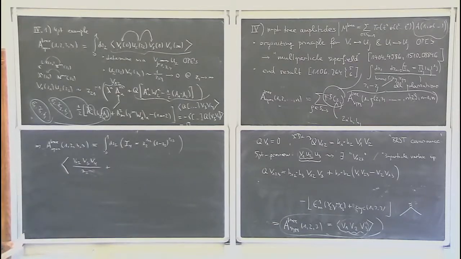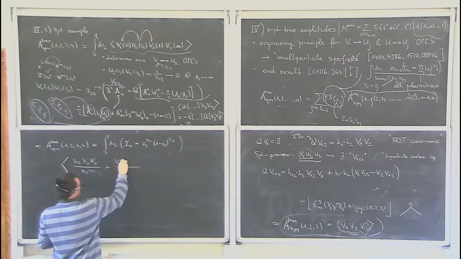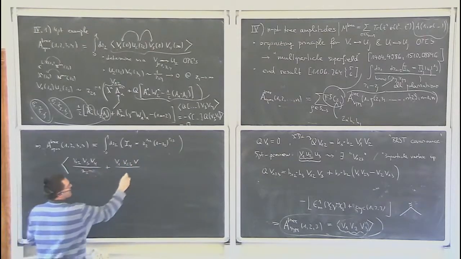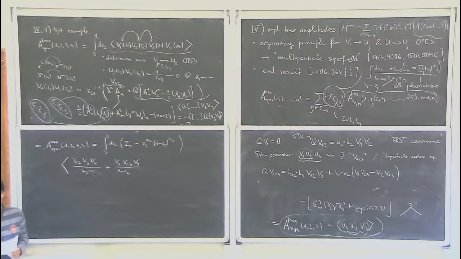Good. Now, as you see from the two arrows above, you also need to look at the OPE with V3. But there's nothing new here. This is just a permutation of the first term. It's just reshuffling the labels here. So we have already done the hard work by identifying the V12. Okay?